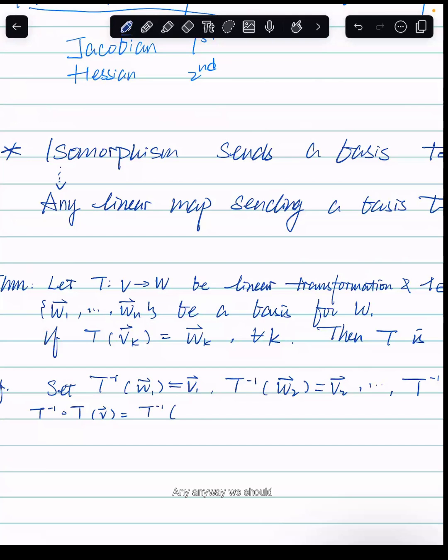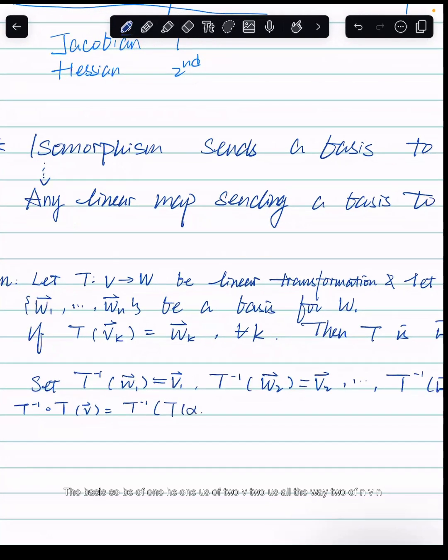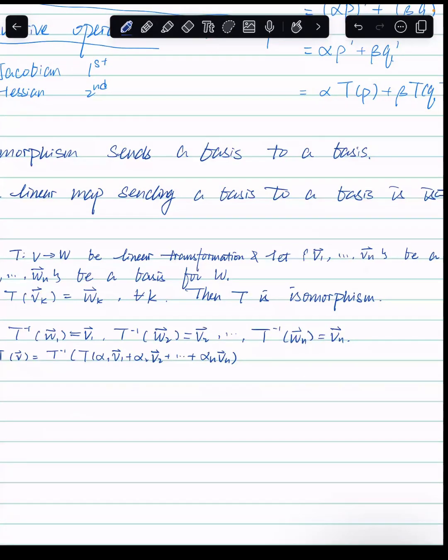For any V, we should be able to write V as a linear combination of the basis: alpha 1 V1 plus alpha 2 V2 all the way to alpha n Vn.